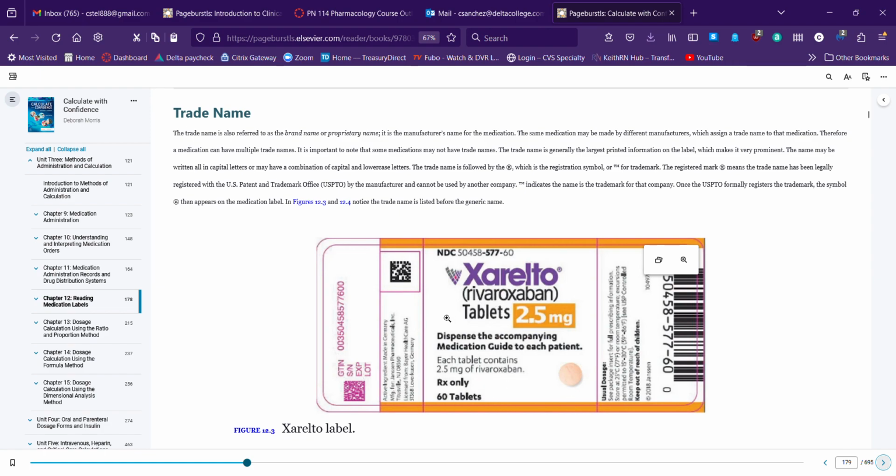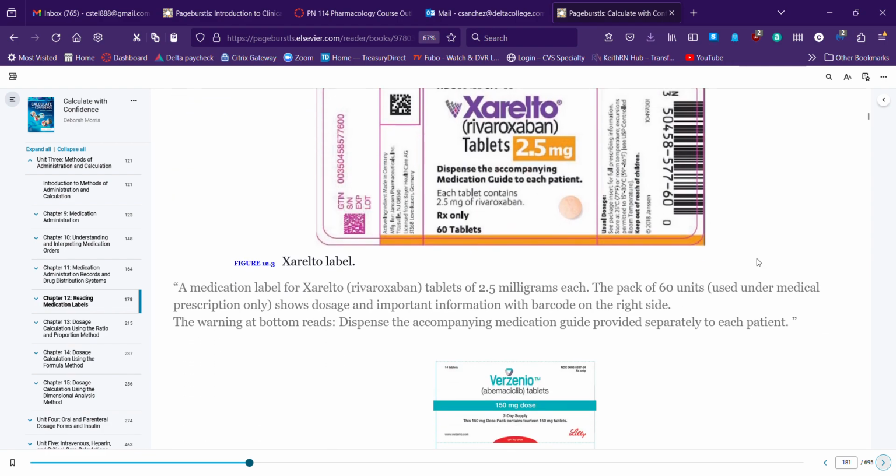That trademark symbol could be the circle R, it could be a TM, depending on however that trademark is registered. Then, remember, that second name, which is lowercase, is going to be your generic.